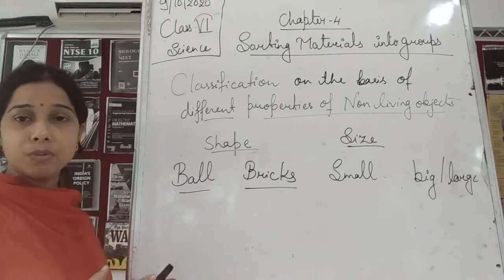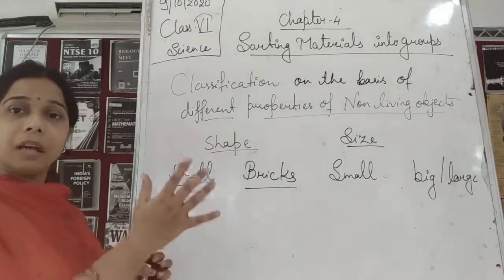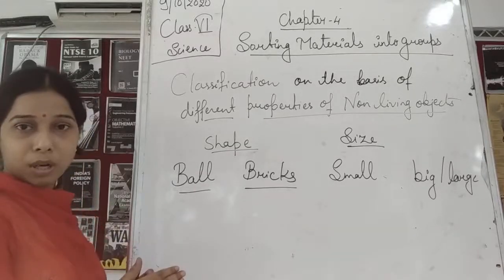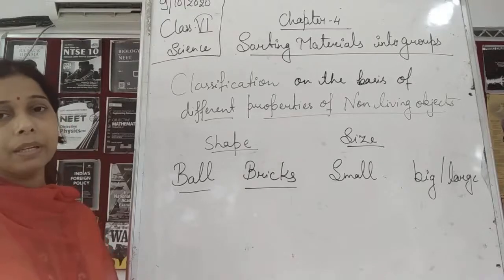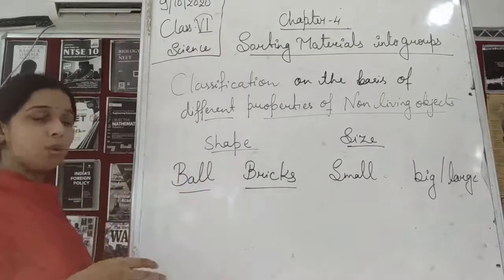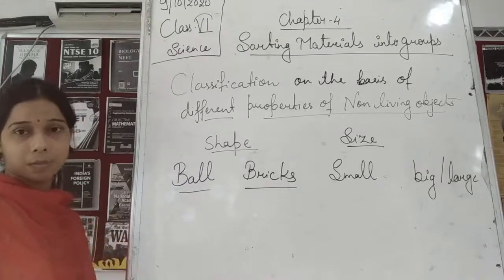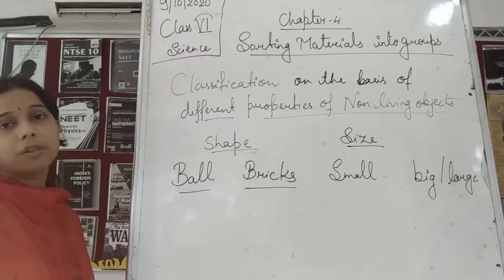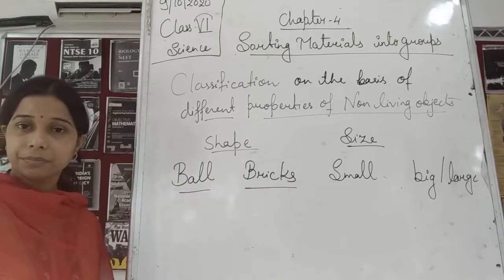One size will be kept at one place, the other size at another place. The smaller ones will be kept together, the larger ones at another place. So sizes also vary, big or smaller. So we can classify non-living objects also on the basis of size.